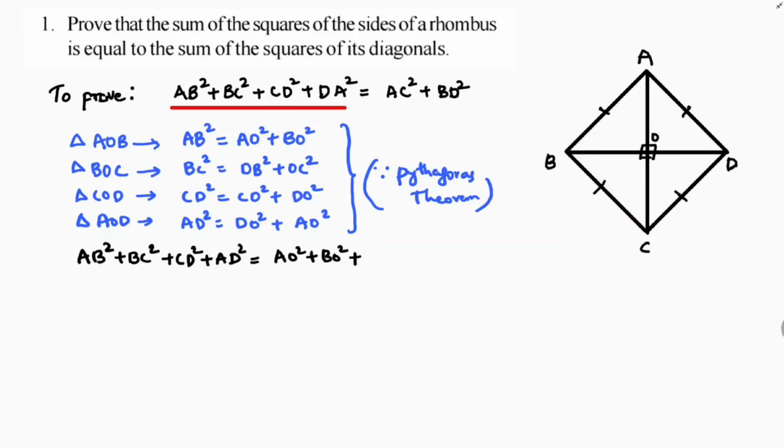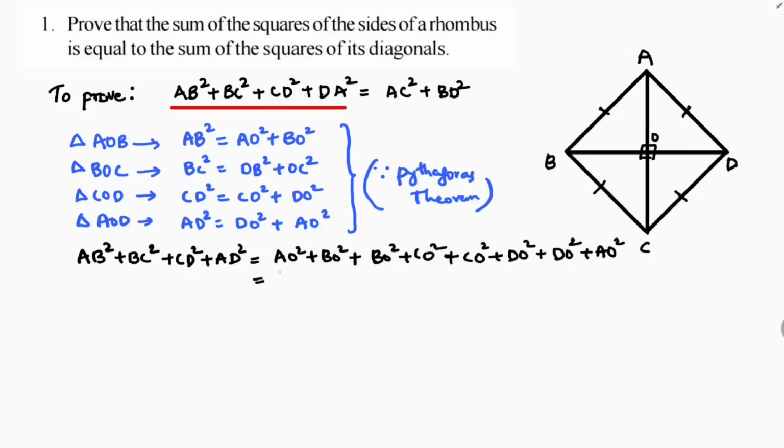and BC square is BO square plus CO square. In the same way, for CD, CO square plus DO square, and for AD, DO square plus AO square.